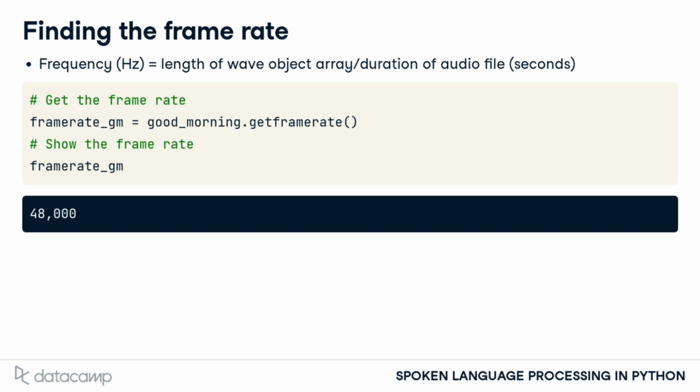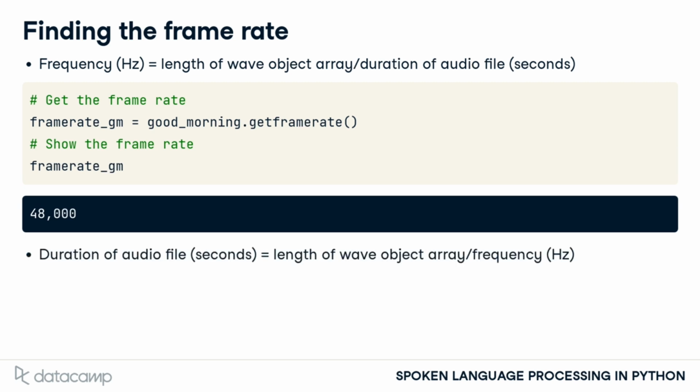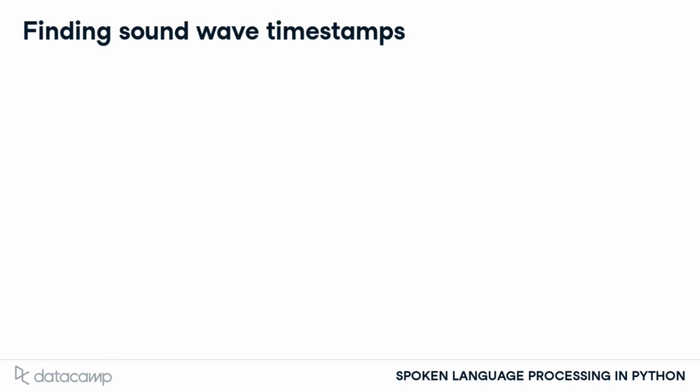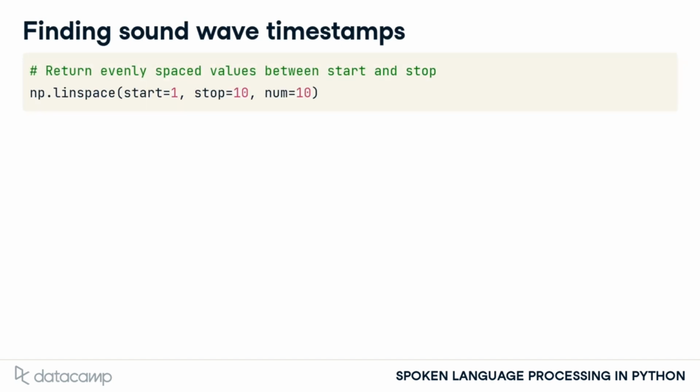We can use this frame rate variable for one more thing, which will be handy for visualizing our sound waves later. By dividing the number of items in the sound wave array by the frame rate, we can get the duration of our audio file. With this value, we can leverage NumPy's linspace method to figure out the timestamp where each sound wave value occurs.